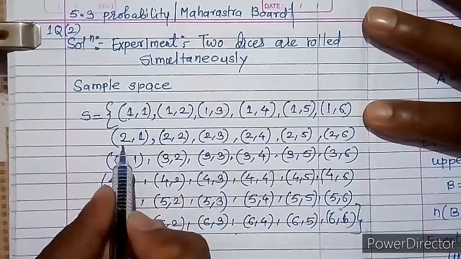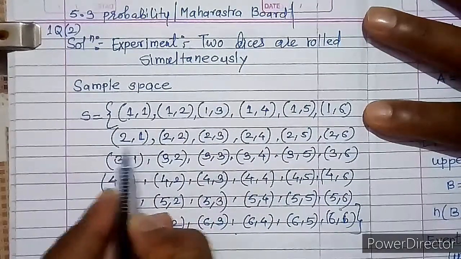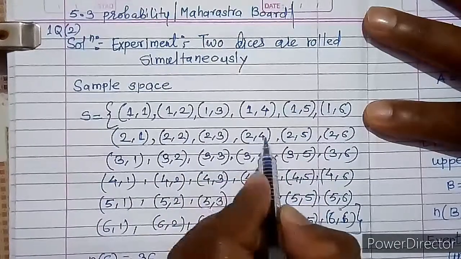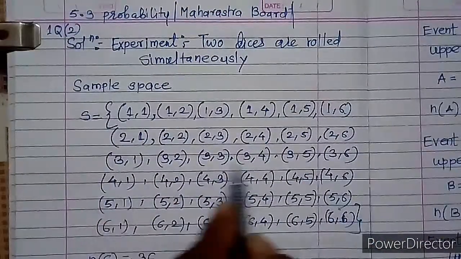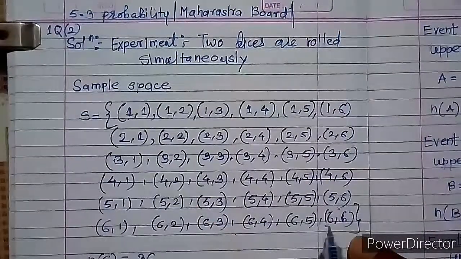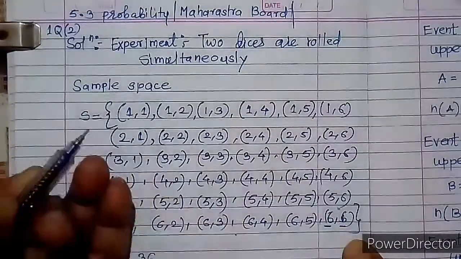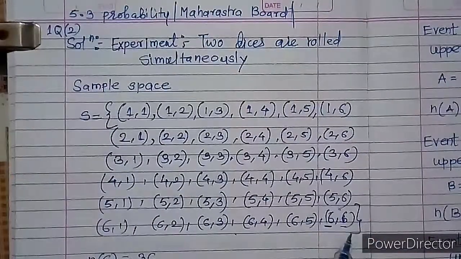Now next, 2 is the outcome of the first die and 1 is the outcome of the second die. It can be written as 2, 1, 2, 2, 2, 3, 2, 4, 2, 5, 2, 6. Likewise we can proceed and we get the last entry 6, 6, because 6 is the outcome of the first die and 6 is the outcome of the second die.